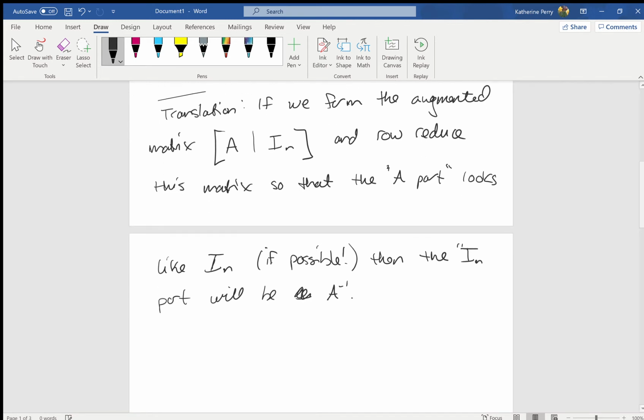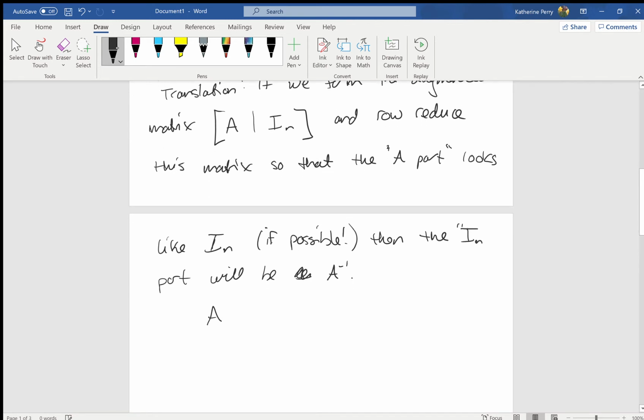So if I can row reduce this augmented matrix, it will look like the identity matrix here and A inverse over here.